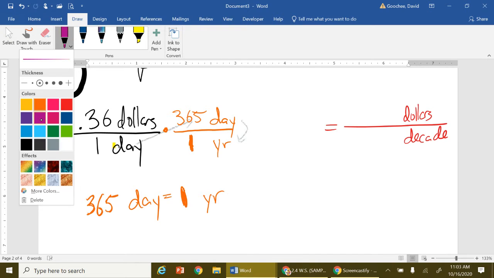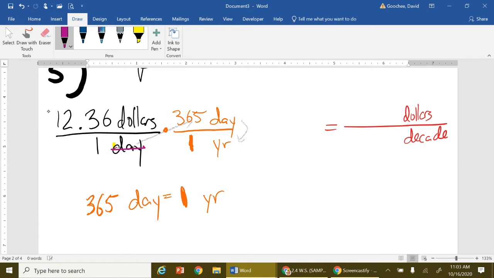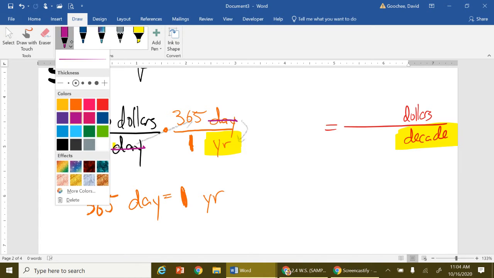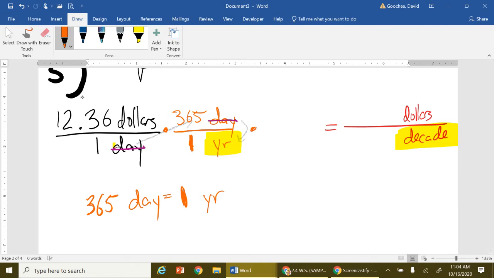And take a look. We have canceled out days. We are now in years. But we're not there yet. We want to get into decades. So we just know that we have to get rid of years, which means we put it on the opposite side of this fraction. We are going to put years on top.